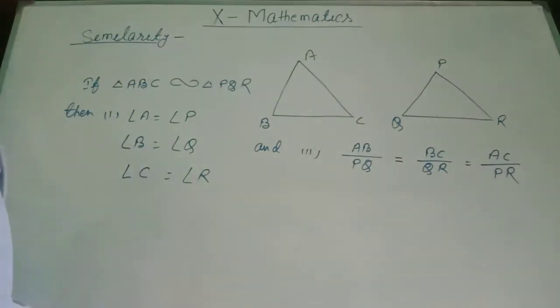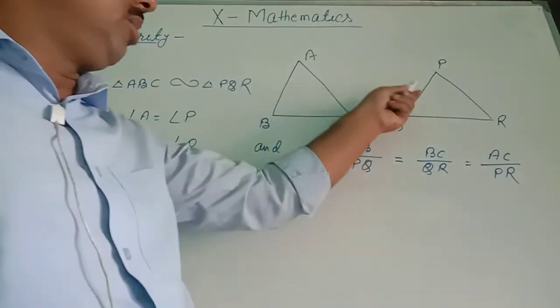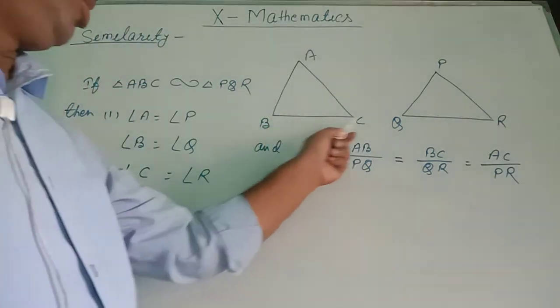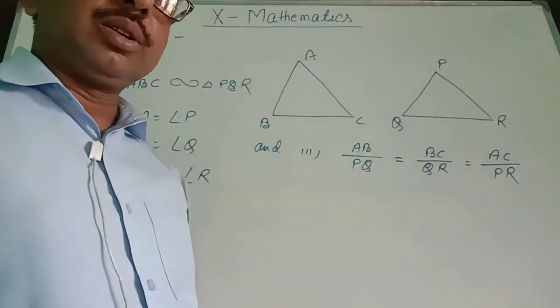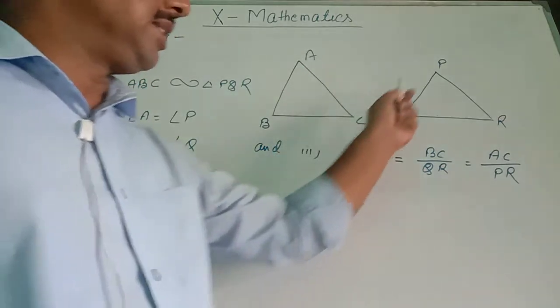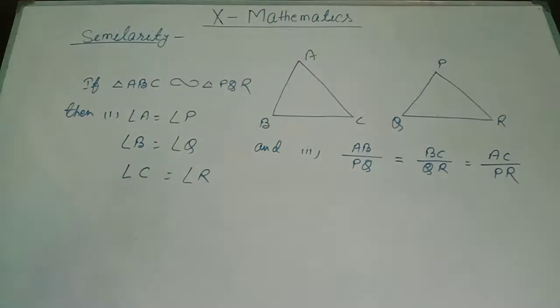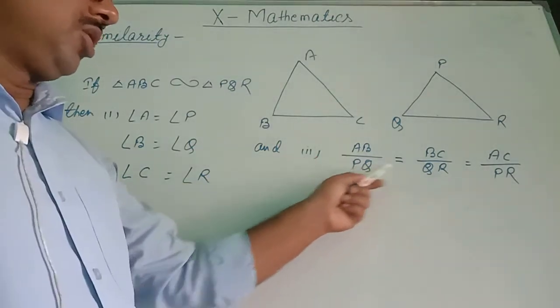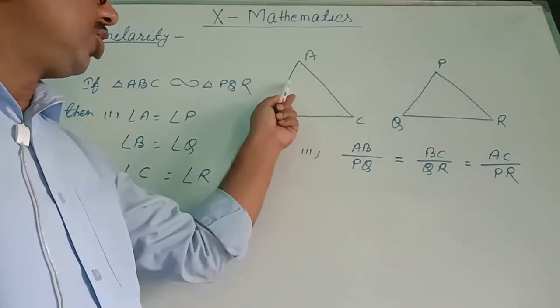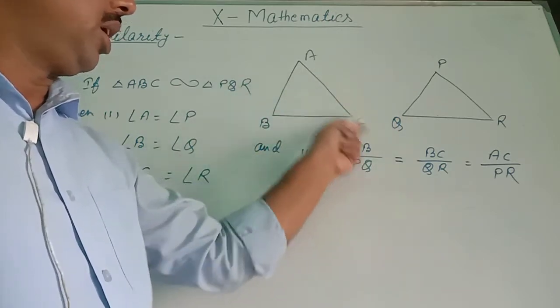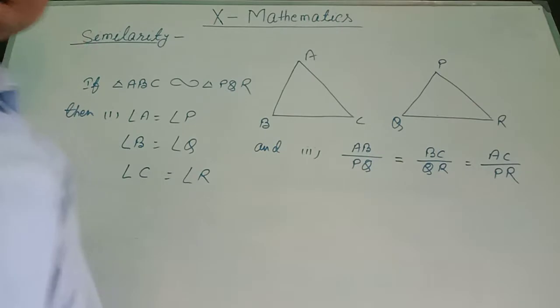So in this way, AB and PQ are corresponding sides, BC and QR are corresponding sides, and AC and PR are also corresponding sides. So the ratio of the corresponding sides AB by PQ, BC by QR, and AC by PR, all these will be equal.